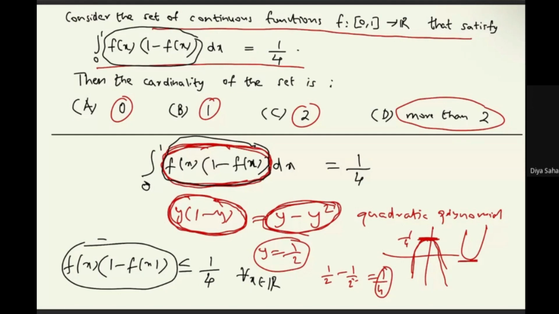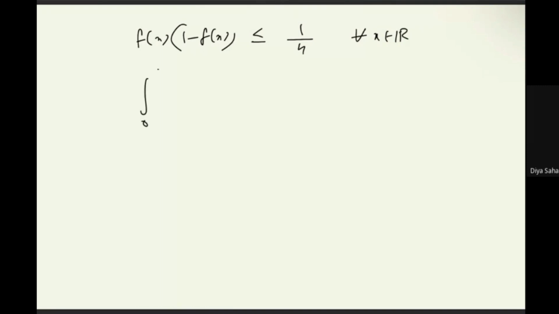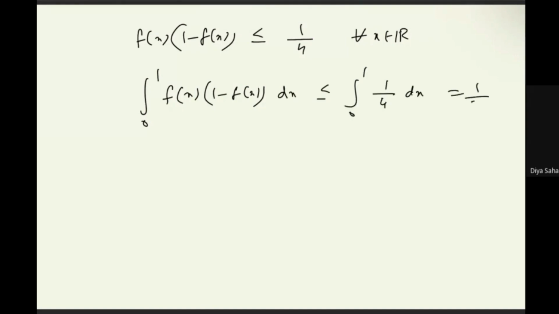Now, if you observe this, can you give the answer? How many such functions are there? Maybe I'll write in another page. So we know that f of x into 1 minus f of x, the integral from 0 to 1, has this property, which is 1 by 4.